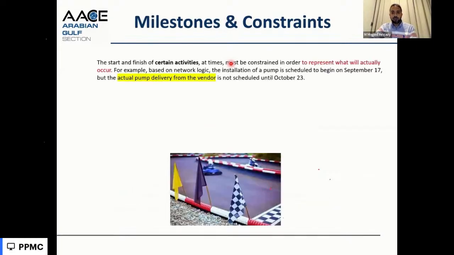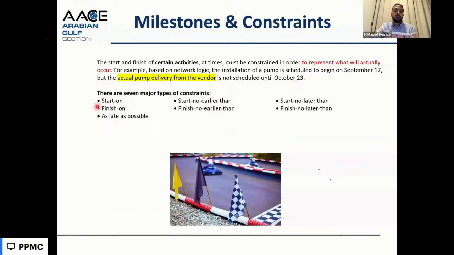Milestones and constraints. For example, a pump delivery will be delivered by a vendor, and in the normal sequence it is going to a certain date, but in reality it will not be delivered until a different date. So we need to add a constraint: the installation cannot start before this date, because we got this date from the vendor.